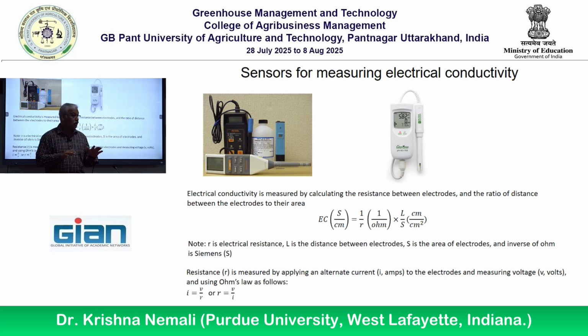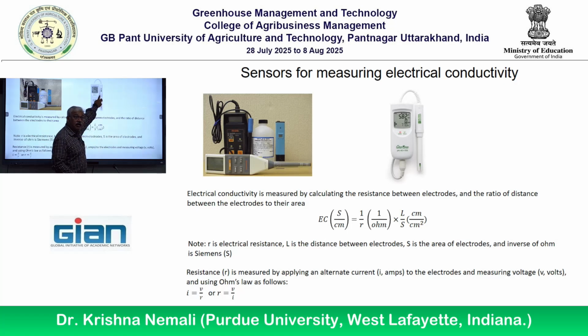However, most modern EC sensors are temperature compensated. Remember yesterday I said pressure compensated emitters? They adjust for pressure, right? In the same way, the EC sensors that you get, for example, that one over there, is temperature compensated. That is the reason why it's measuring temperature.